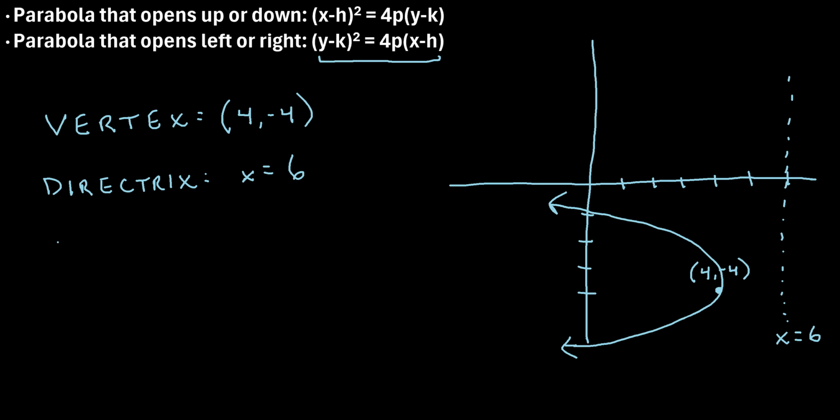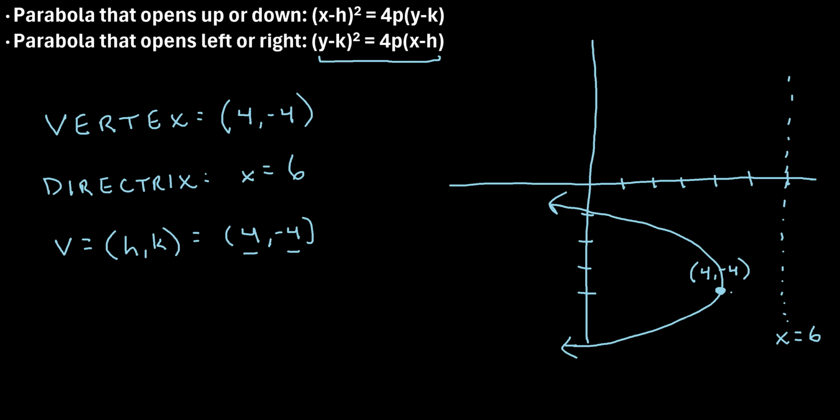So we need to figure out what the values are for k, p, and h. Well, the vertex has the coordinates (h, k). So our vertex is (4, -4), so h is 4 and k is -4. And then we just need to figure out what p is. Well, p is the distance that we have to travel from the vertex to the focus. So we know that the vertex is located directly in between the directrix and the focus.